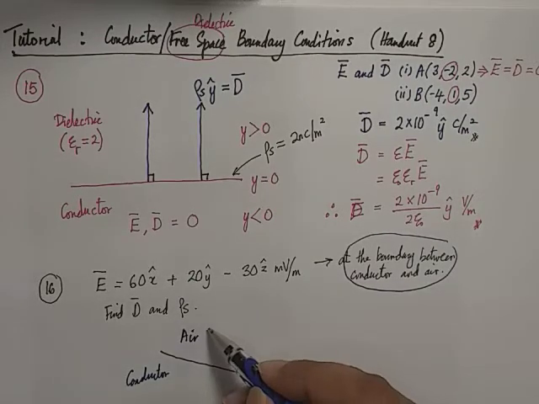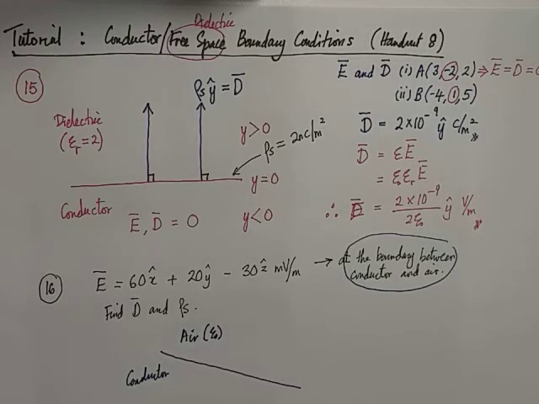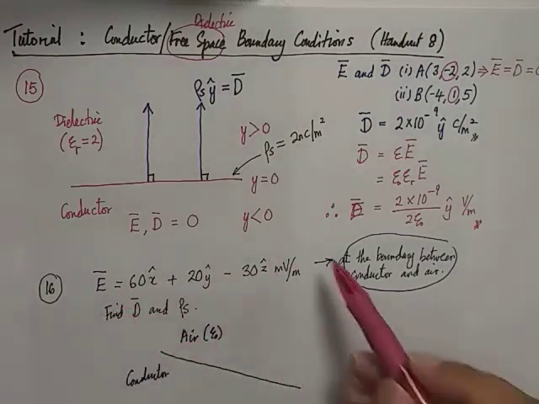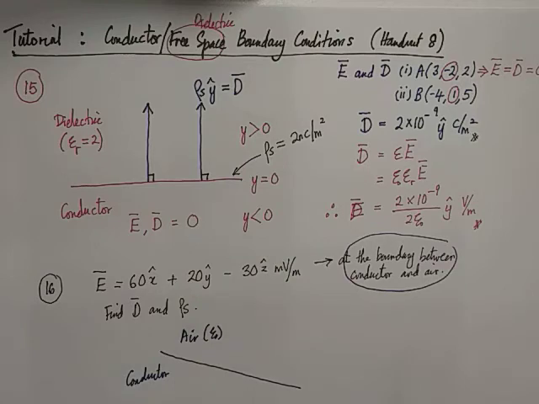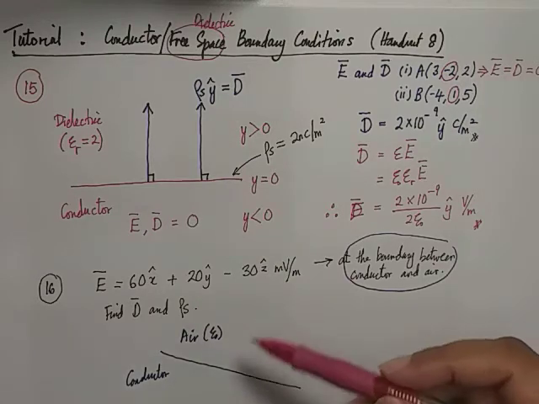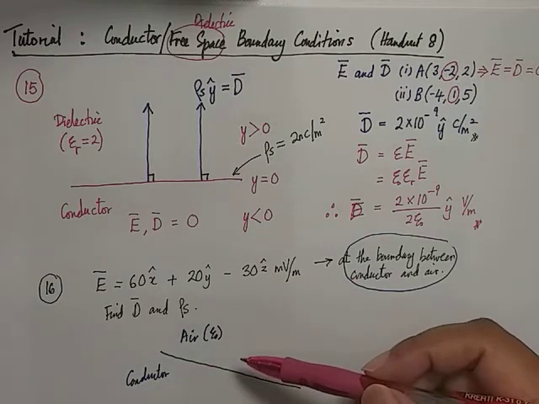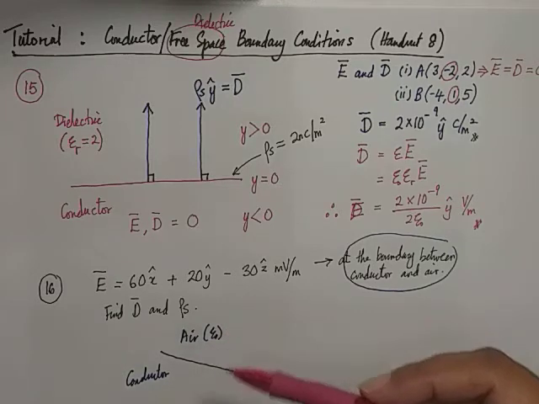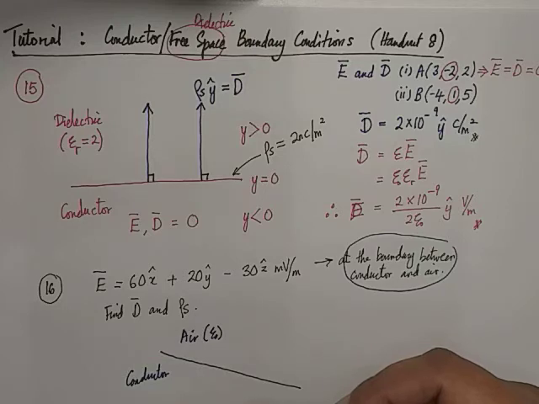So air for us should be epsilon naught, the permittivity. How are we going to draw the E here? The E must be in which region? Yes, air. The E will not be in the conductor, because we know in a conductor the net electric field is equal to 0.